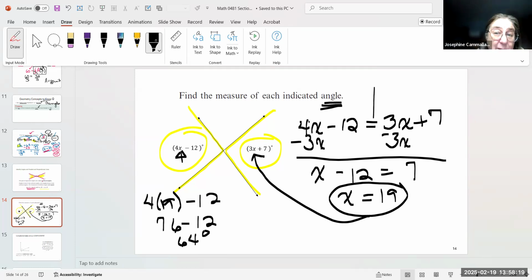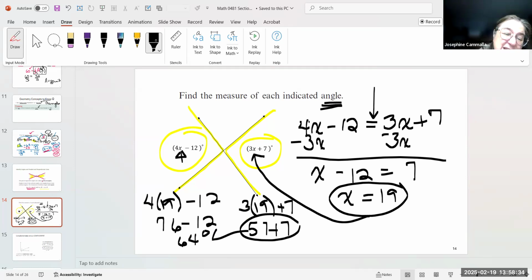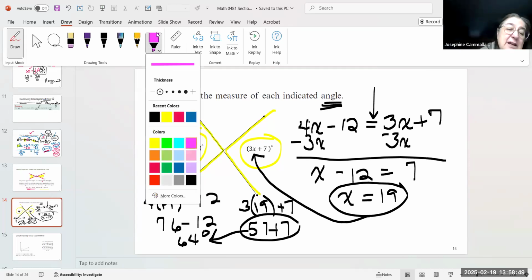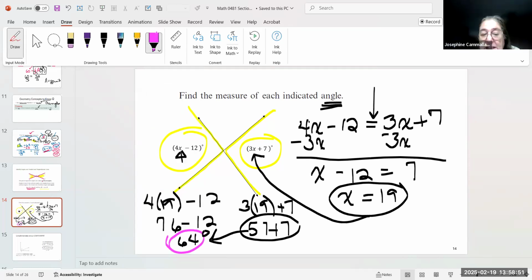Well, because they're equal, when I put 19 and multiply it by 3, this will give me 57 plus 7. Do you see it is also 64 degrees? If they don't come out to be the same numbers, I've done something wrong. Well, they sure do. They come out to be this wonderful number of 64. Okay?